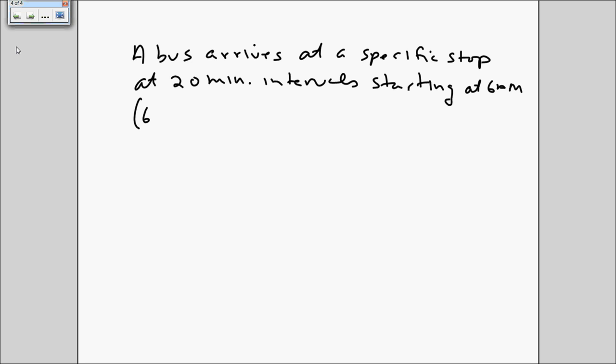The first bus comes at 6 o'clock. The next bus comes 20 minutes later. The next bus comes exactly 20 minutes later. And then 20 minutes later. And then 20 minutes later. And that's the way it is.